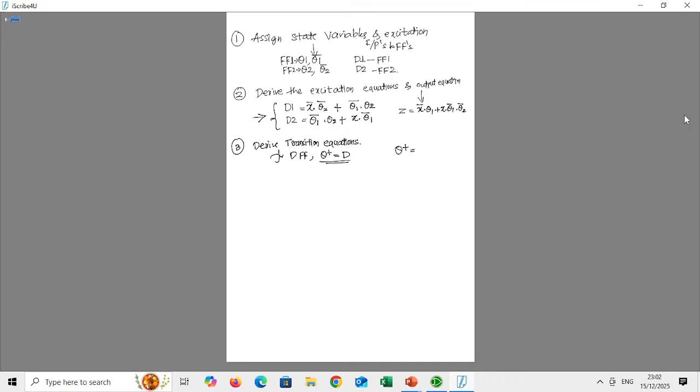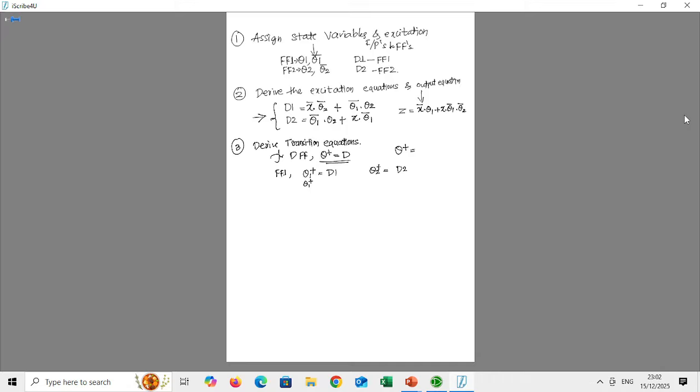Now let's write the transition equations. A transition equation has to be written for every flip-flop. For flip-flop 1, Q1 plus is equal to D1. Similarly, for flip-flop 2, Q2 plus equals D2. Now let's substitute the values of D1 and D2 from the previous step, the excitation equations, into the transition equations.